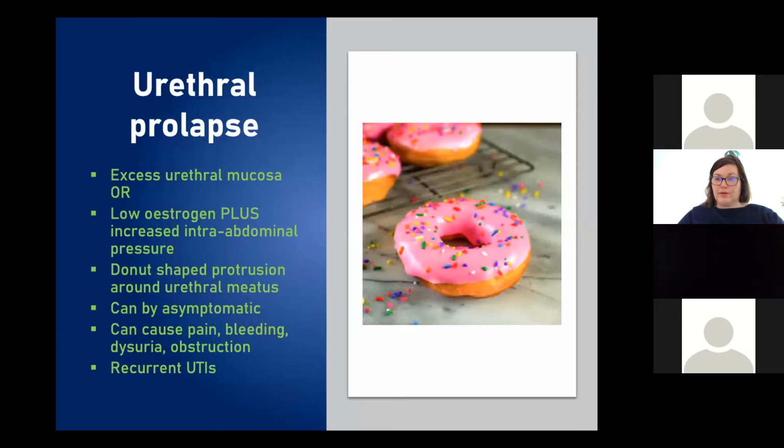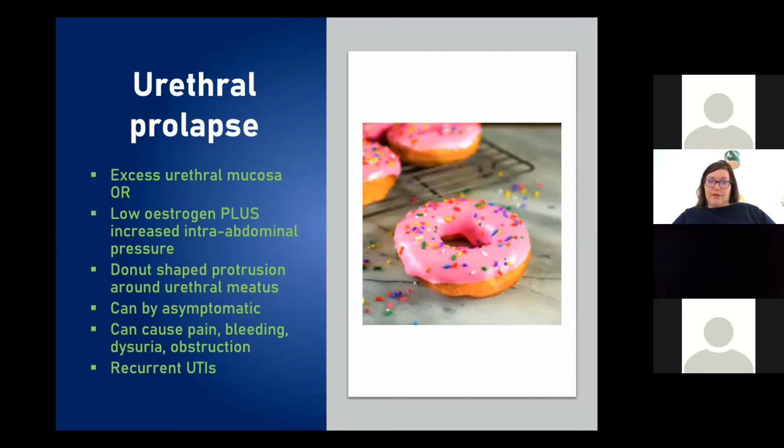Usually it's asymptomatic as well, but it may cause, similarly to labial fusion, dysuria, pain, even bleeding, frequent UTIs, and obstruction. If you see that, you absolutely need to treat the constipation if the child is constipated. If they're asymptomatic, you don't really need to do more than that.